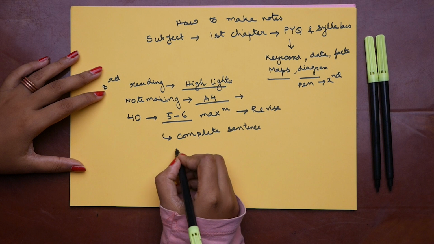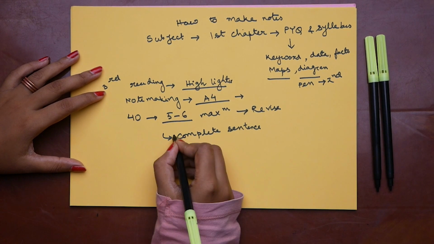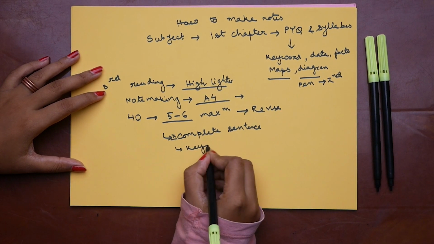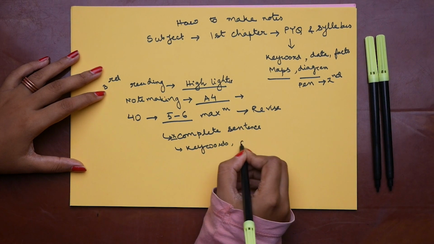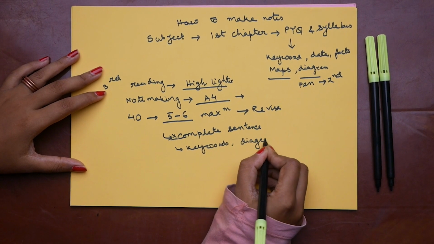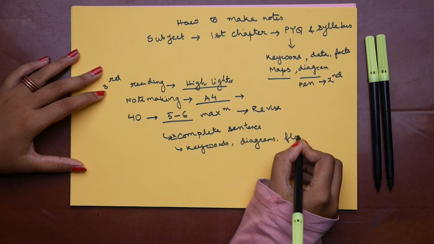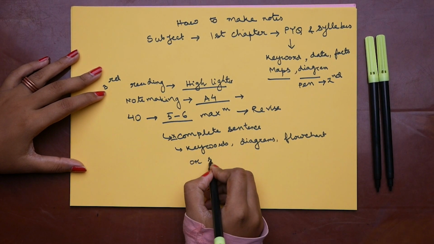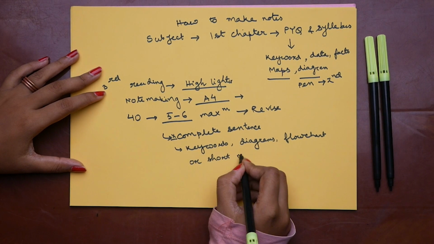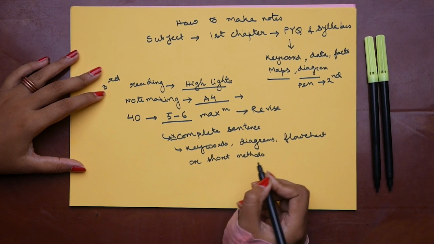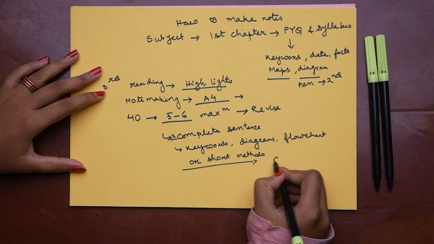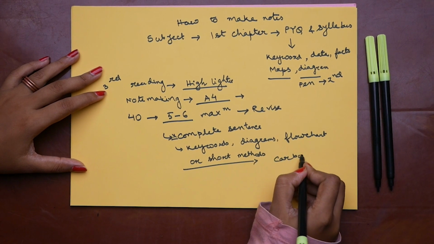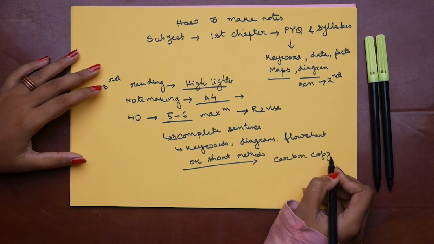You can use keywords, diagrams, flowcharts, or any short methods. Else, it will be just like a carbon copy of your book.